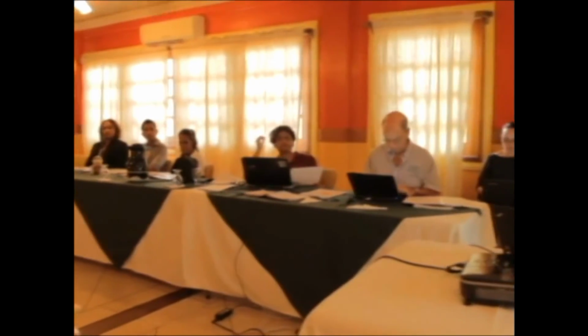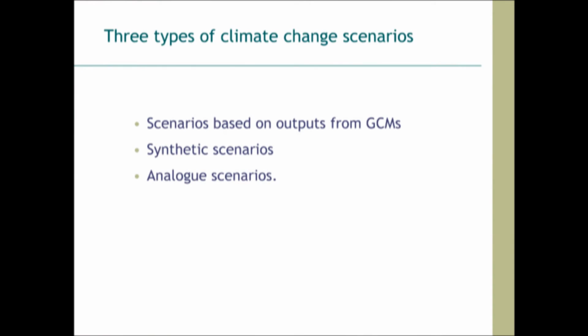Alright? Remember, we talk about impact, and we said the assessment is the one that is very common, very popular. But colleagues, in the assessment, there are different types. So for climate change scenarios, there are 3 types that one can look at.